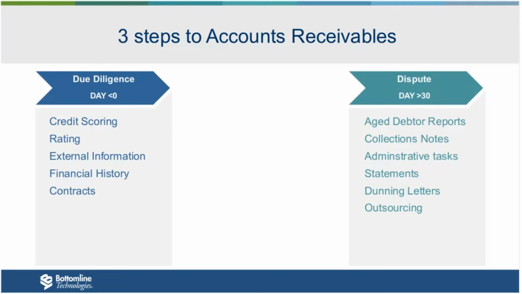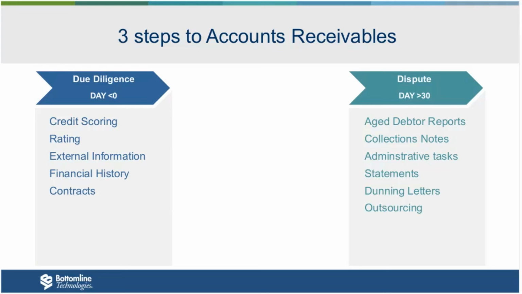You could also be looking at external information such as their accounts, the list of directors, and any county court judgments against them. You'll also want to look at your own financial history with that customer. Are there any open invoices? What does their payment history look like? And also, what do their contracts look like, and what payment terms should we extend to them?